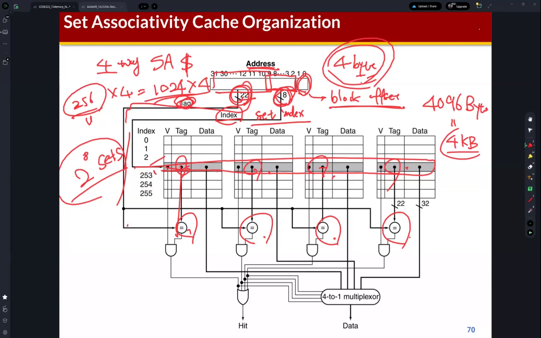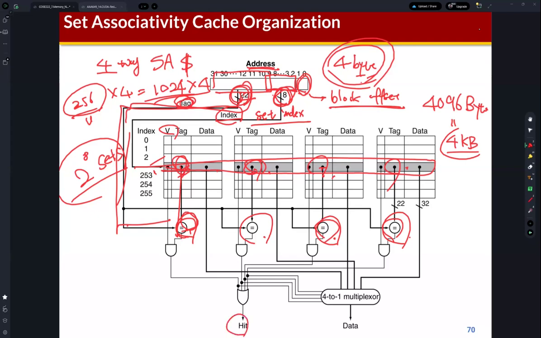So you can find that this tag field is compared with the tags in the target set, right? And if the cache block is valid, so we need to check the valid bit, right? And if one of the tags is matched, then it's a cache hit.